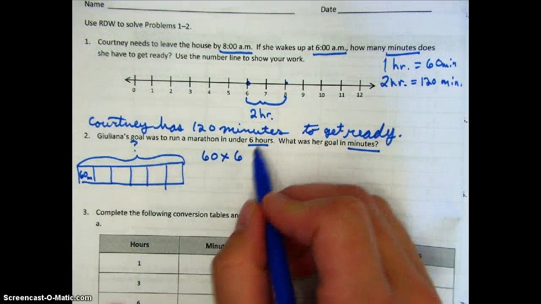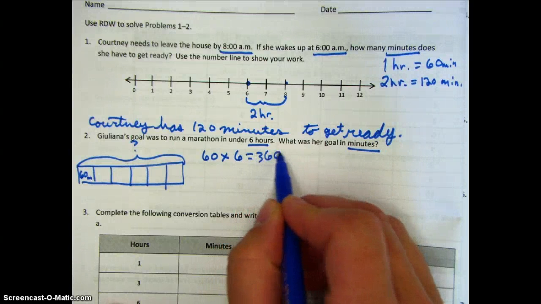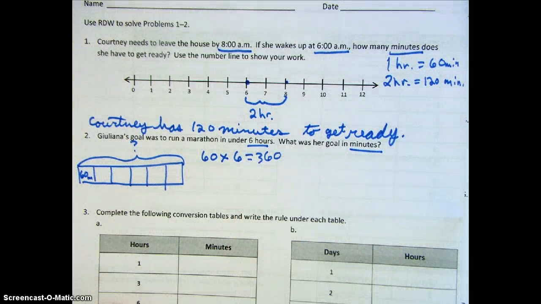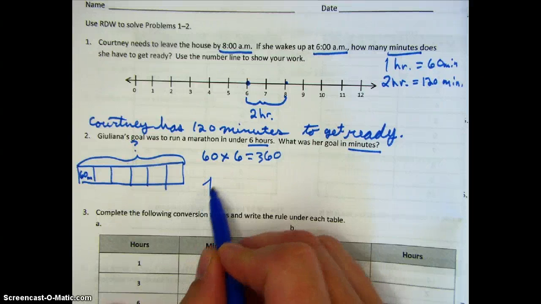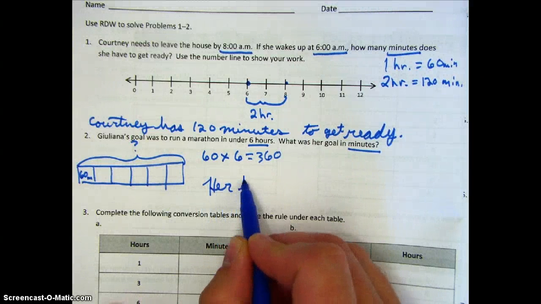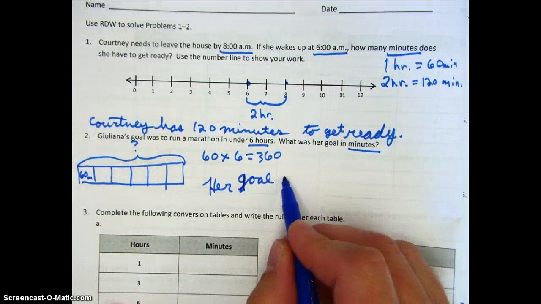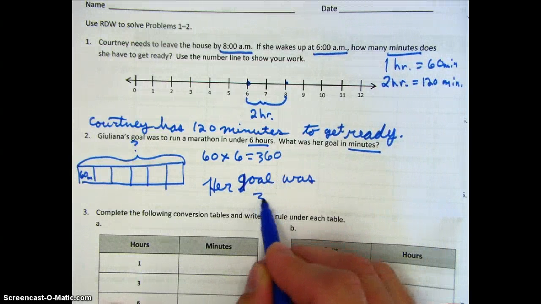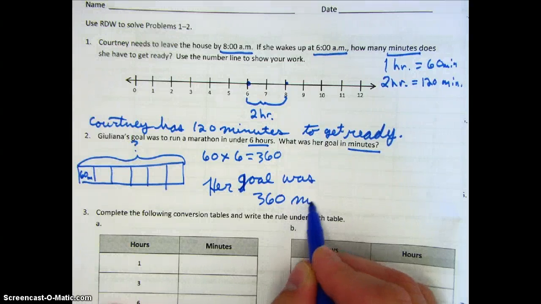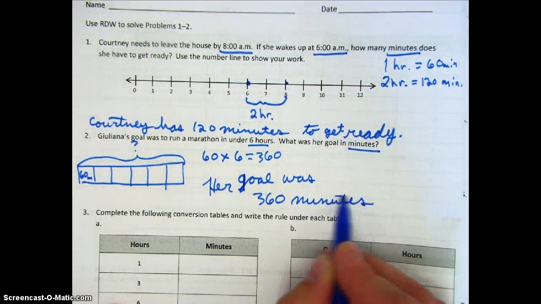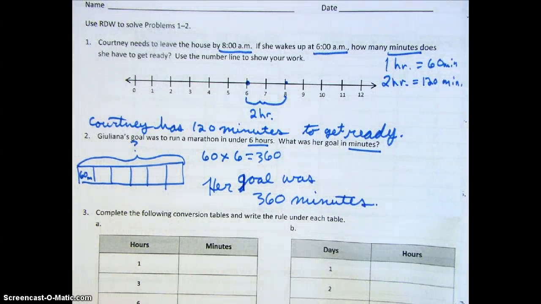So that means we get 360 minutes. So her goal was 360 minutes.